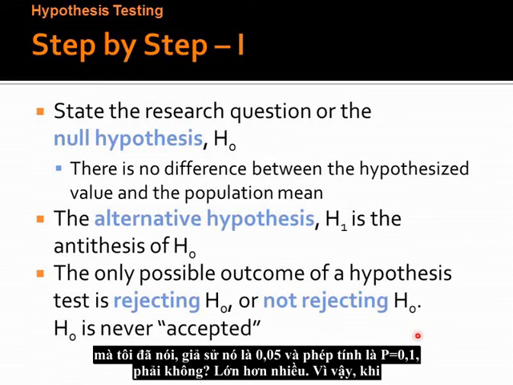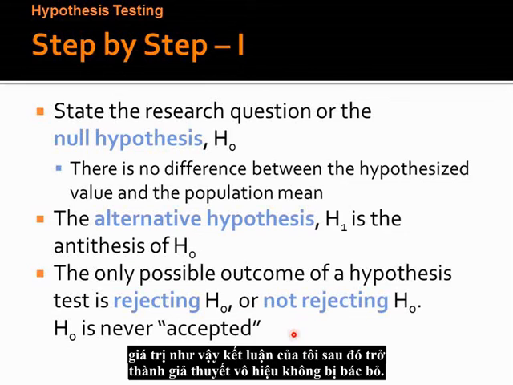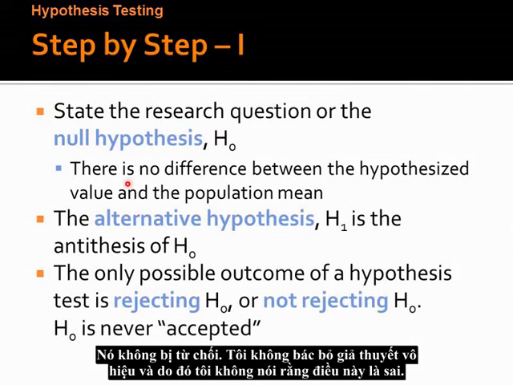Let's say the cutoff was 0.05 and I calculate that p is 0.1, right? That's much greater. So when I get a value like that, my conclusion then becomes that the null hypothesis is not rejected. I do not reject the null hypothesis, and therefore I'm not saying that it is wrong.